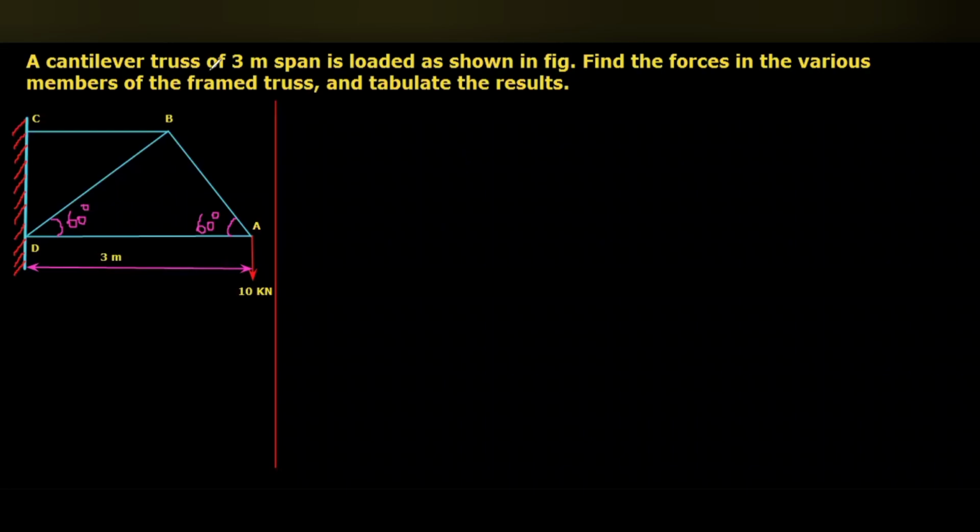In the previous videos we have discussed numericals on simply supported trusses. The difference between simply supported and cantilever frames is the reactions. Here, as it is a cantilever truss or frame, this side is rigidly fixed and there are no supported ends.